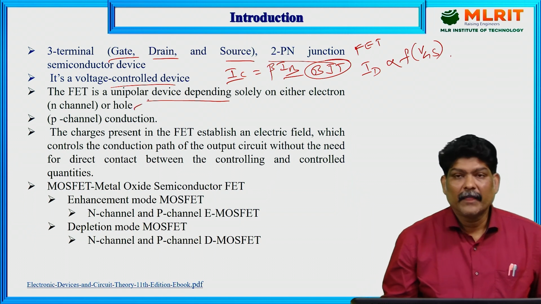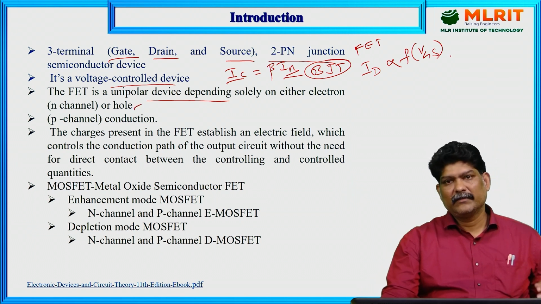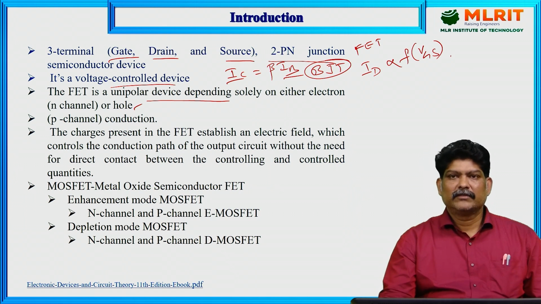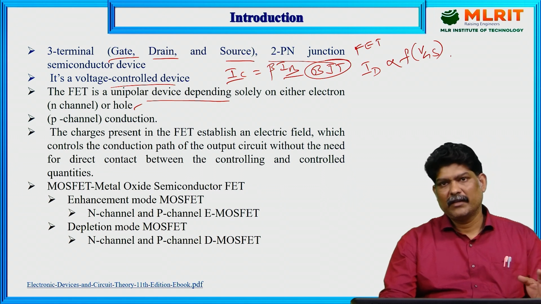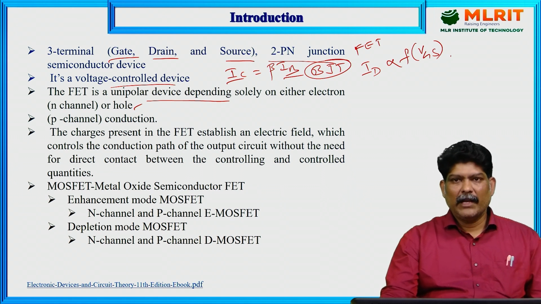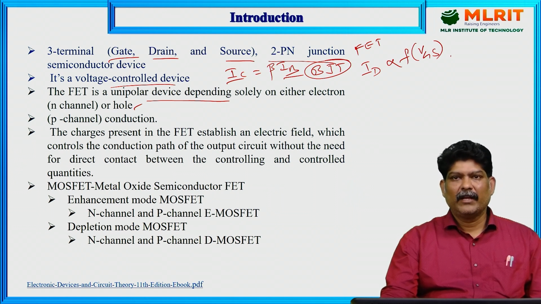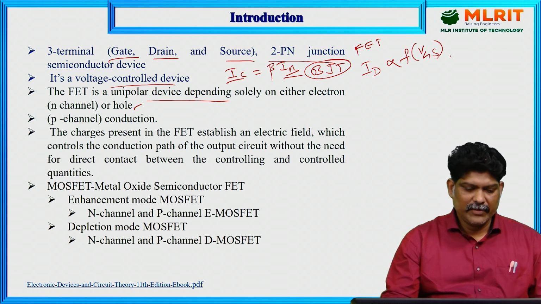We have to create one channel for the flow of electrons or holes. How can we differentiate N channel and P channel? If the operation depends on electrons, then it is an N channel JFET. If the operation depends on holes, then it is a P channel JFET.